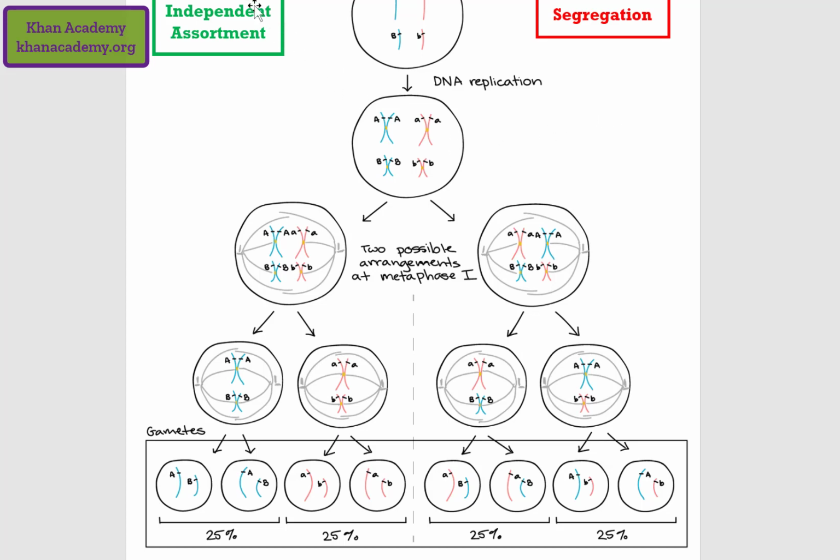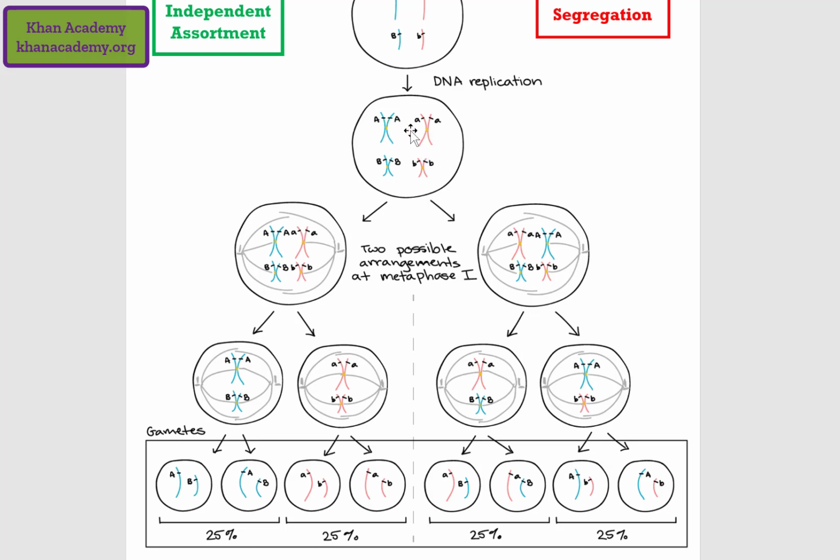And the law of independent assortment and the law of segregation describe the chromosomes during meiosis 1. So if we look at this image from the Khan Academy, and we look at our G2 cell that is going into meiosis 1.